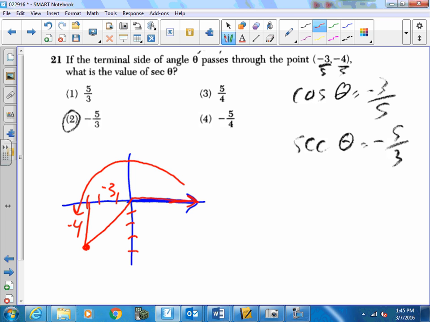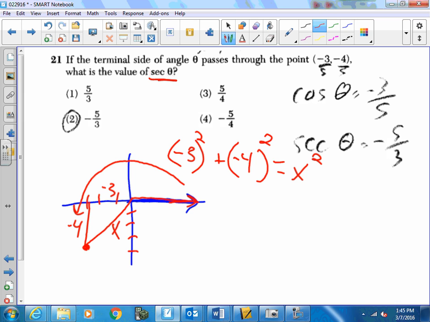So I'm going to have (-3) squared plus (-4) squared is equal to x squared. And I'm going to make this down here x, because I need to know this side.